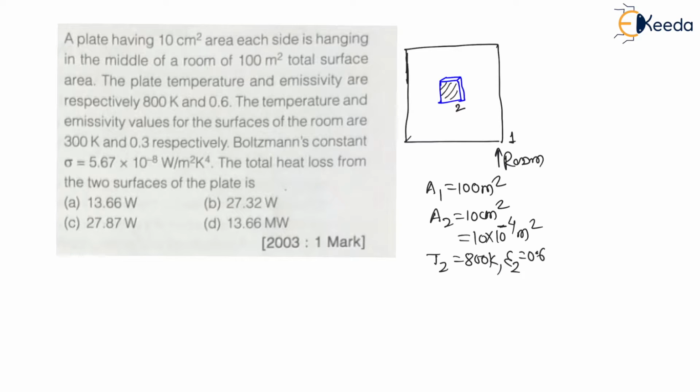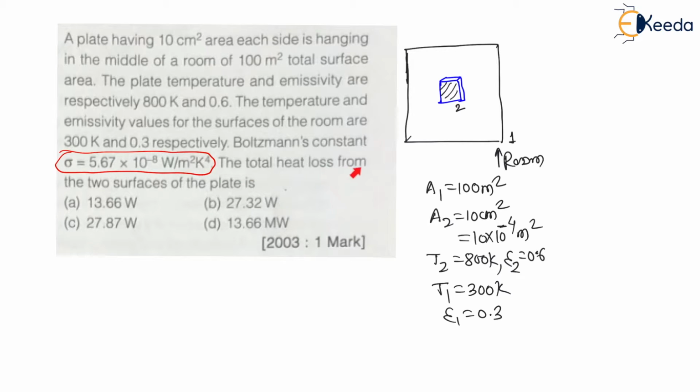For the room we have considered 1, therefore the temperature T1 is 300 Kelvin and emissivity E1 is equal to 0.3. Then Boltzmann's constant sigma is equal to 5.67 into 10 to the power minus 8 watt per meter square Kelvin power 4. This is a standard value of Boltzmann's constant that we always remember.